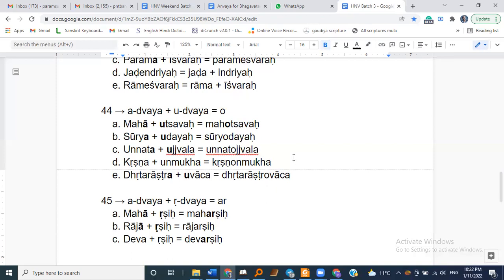And there is also a sutra which says that after the deletion of Visarga, there is no more Sandhi. Even though there is still scope for Sandhi, we could do this sutra 44 here, but it is prohibited.